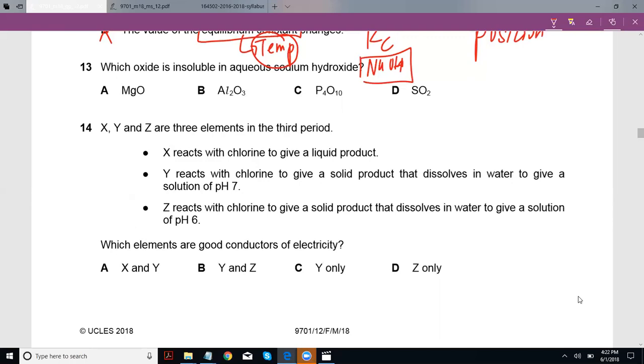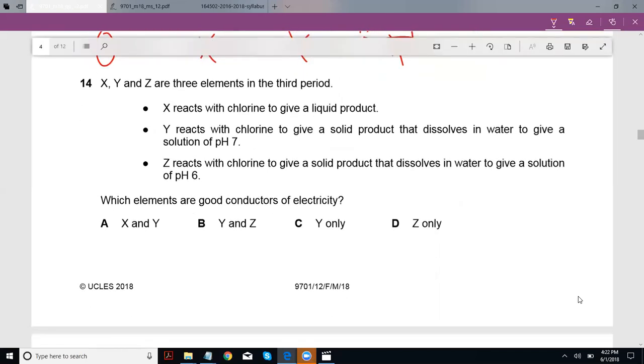SO2 is acidic; it would easily dissolve in an alkali like NaOH. So would phosphorus, so would aluminum. These are all acidic oxides. However, MgO is definitely basic, so it would not dissolve in something that is also basic like NaOH, which is why you can say that it is insoluble.